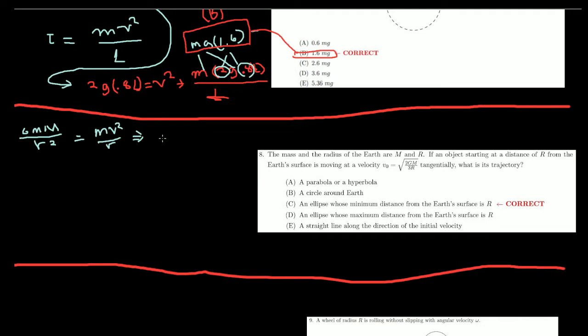And from this we get v equals the square root, small m cancels, so square root of gM over r. This is our circular velocity.